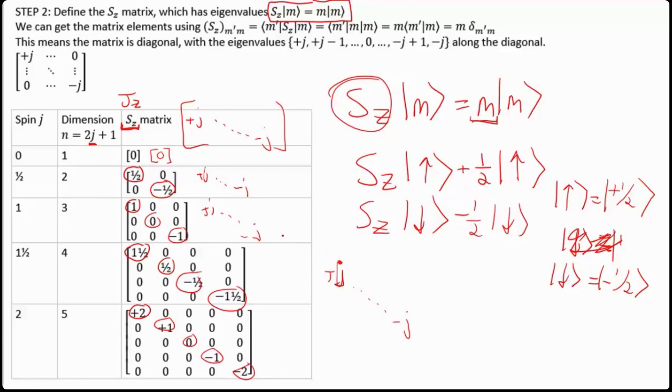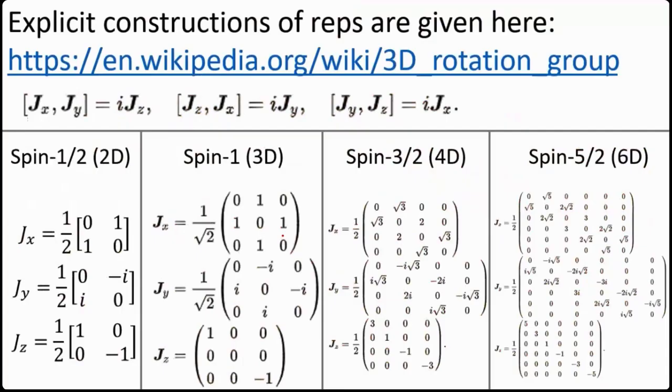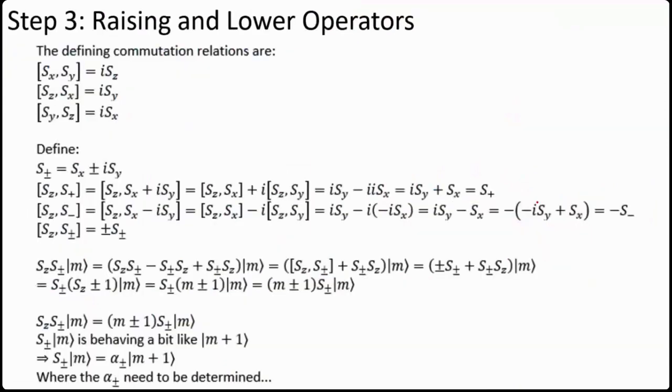Yep. Okay, now the next steps are a bit more confusing because they use the raising and lowering operators. Again, we know where the numbers are. We just need to figure out what the numbers actually are. So this is the SU2 Lie algebra here.